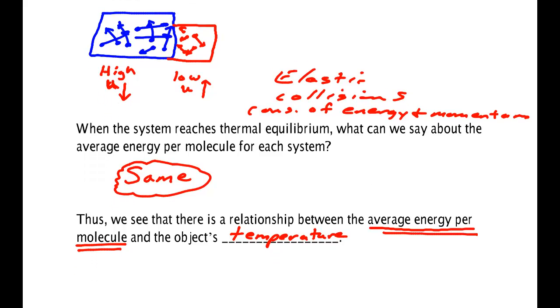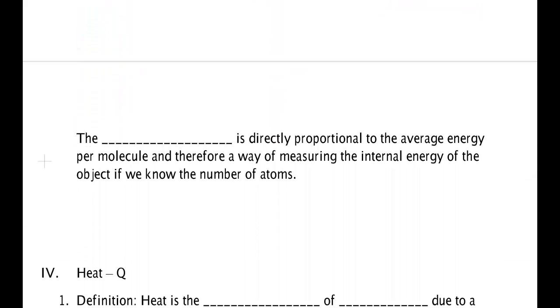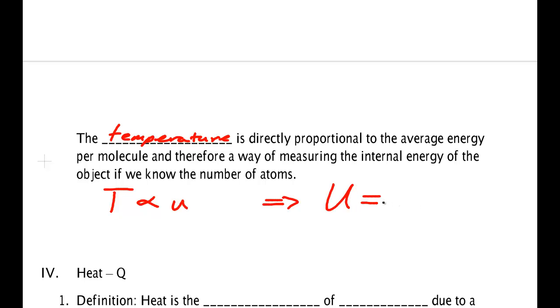So what that tells us now is temperature is directly proportional to this average energy per molecule u, or put another way, if you want to calculate the total internal energy, it's proportional to the number of atoms times the temperature. Not equal, proportional. We'll have to find a proportionality constant.